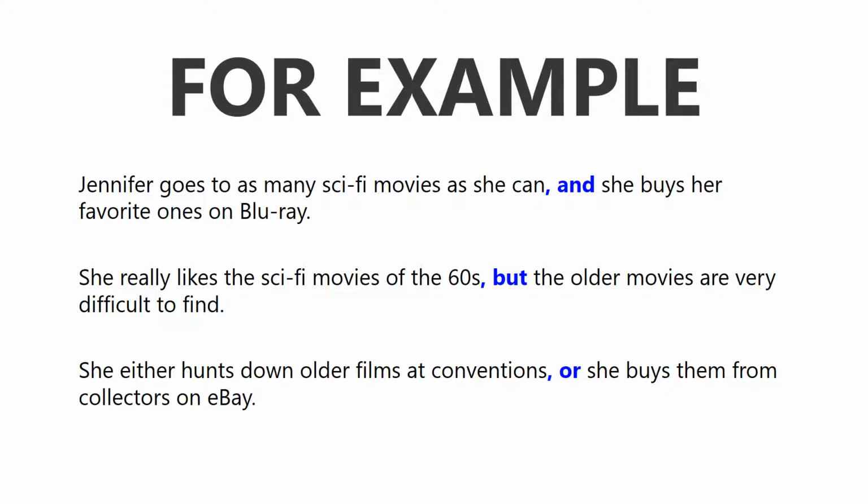Jennifer goes to as many sci-fi movies as she can, and she buys her favorite ones on Blu-ray. She really likes the sci-fi movies of the 60s, but the older movies are very difficult to find. She either hunts down older films at conventions, or she buys them from collectors on eBay.